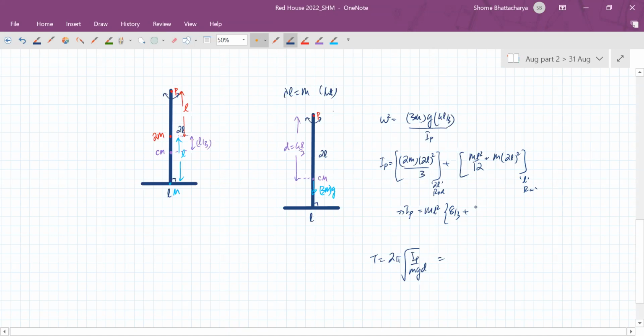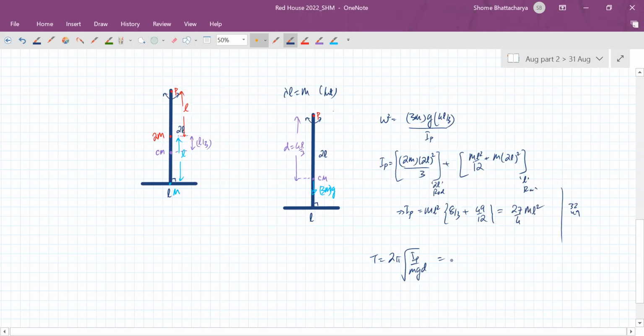Yes. So 32 plus 49. It gives us how much? 81 by 12. This is the answer you are getting? So 81 by 12 will also reduce, no? It will become 27 by 4. Right?